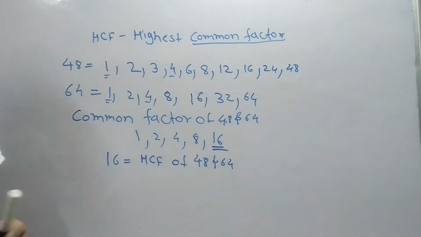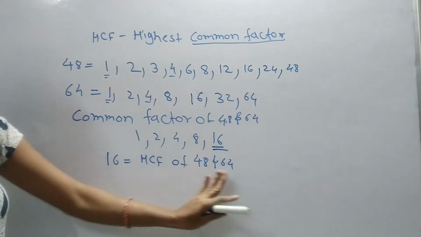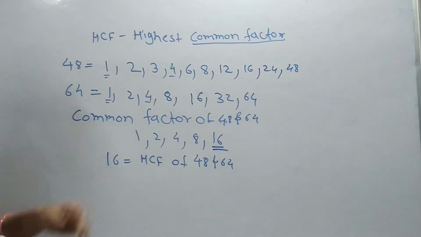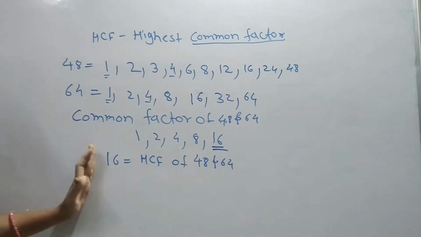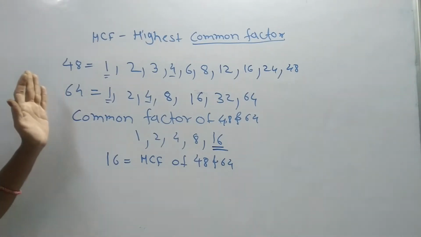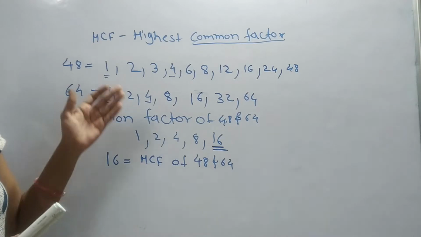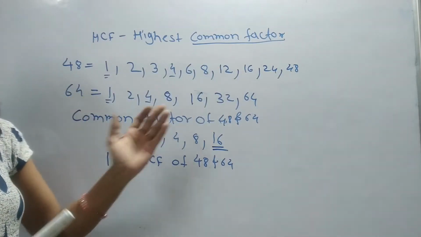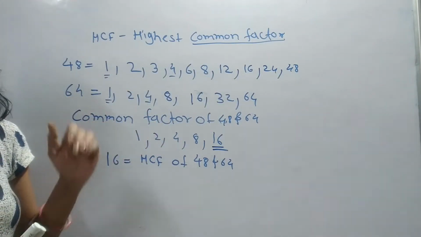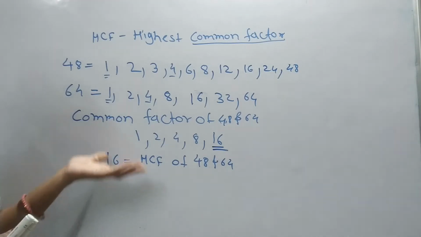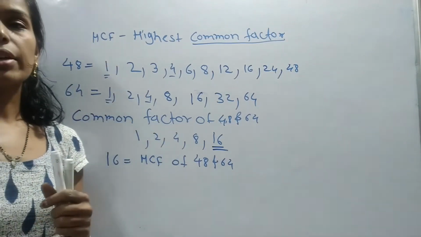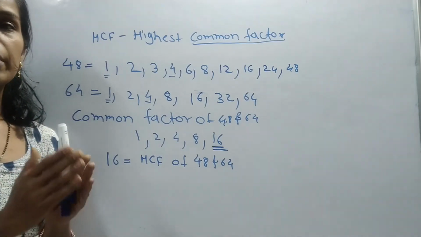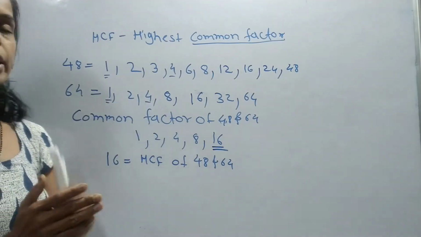Now, finding the HCF this way is quite a lengthy method. It is not possible every time to find each and every factor of 48 and 64 or any other number. So we can use another method, the method of prime factorization. It will be easy to find the common factors and the HCF of the numbers.